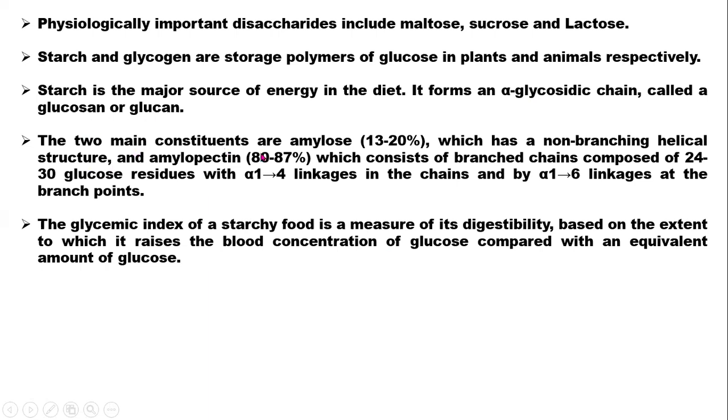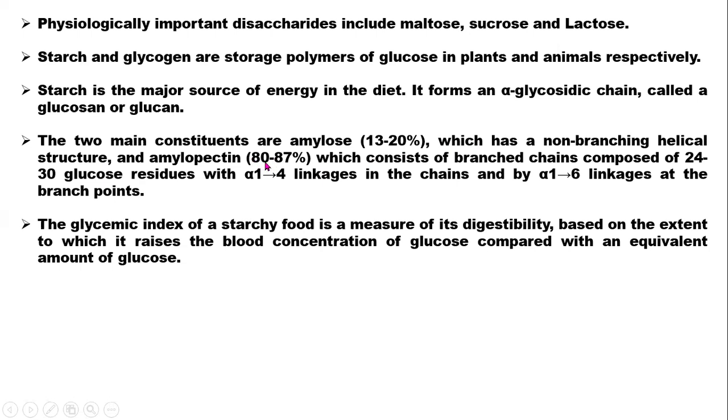There are two main constituents of starch. We have amylose, which consists of about 13 to 20% of the carbohydrate, and it has a non-branching helical structure. The other component is amylopectin, which consists of branched chains.